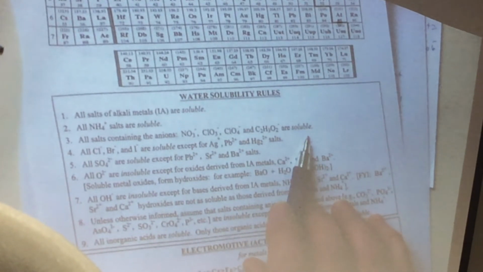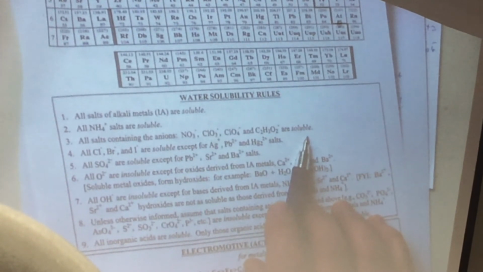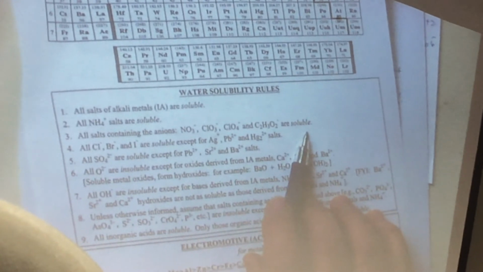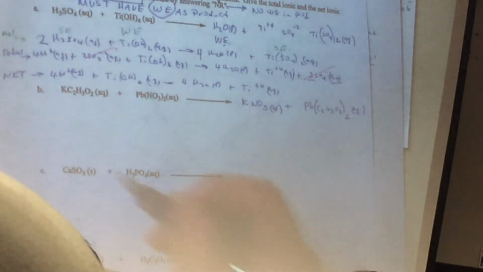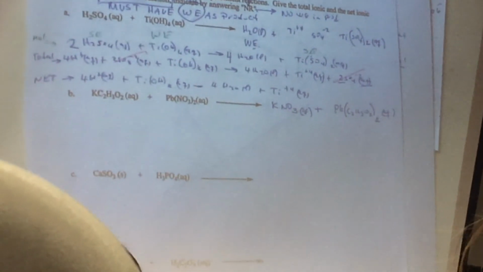Nitrates, chlorates, perchlorates, and acetates are soluble, period. All of them. So what does that tell me about my lead acetate? Aqueous. Now that I've got my parentheses, let's play strong electrolyte, weak electrolyte.